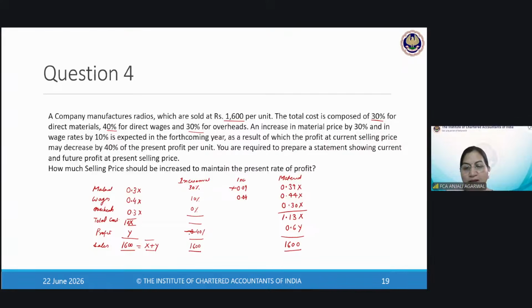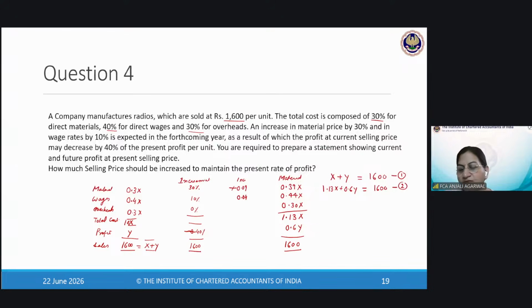It will reduce by 40%, but the selling price remains same. So we get two equations here. First equation is x plus y is equal to 1600. And the second equation is 1.13x plus 0.6y is also equal to 1600.